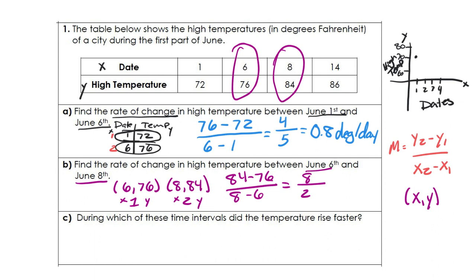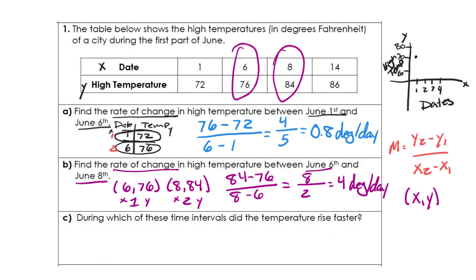That would help me graph it if I need to, or it simplifies. 2 goes into 8 4 times. So it simplifies to 4. So the rate of change in high temperatures was 4 degrees a day. From the 6th to the 8th, it changed about 4 degrees a day.